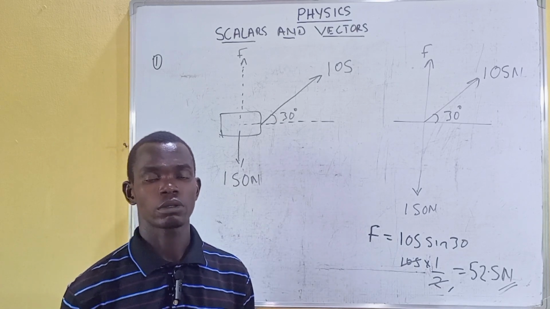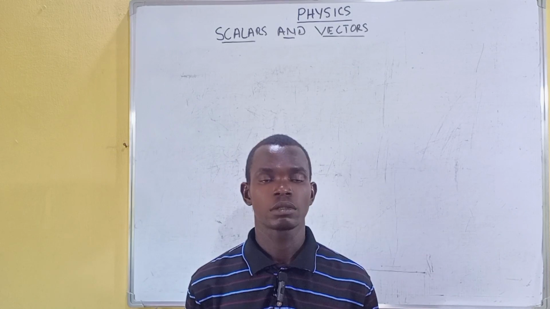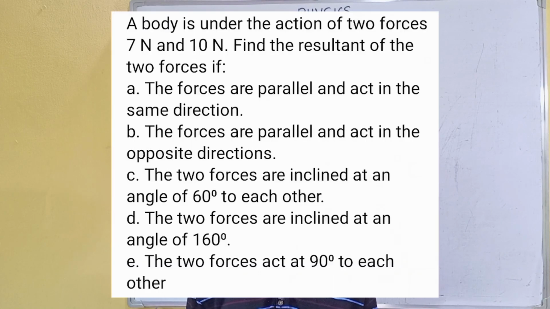Let's look at question 3. The body is under the action of two forces, 7 Newton and 10 Newton. Find the resultant of the two forces if A, the forces are parallel and act in the same direction.